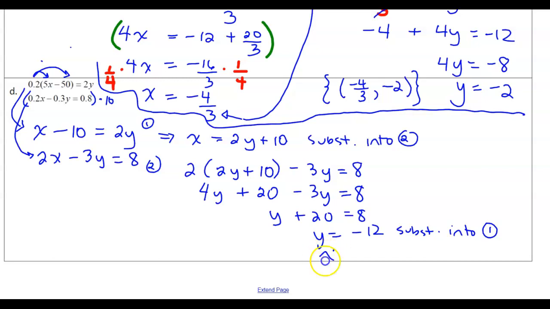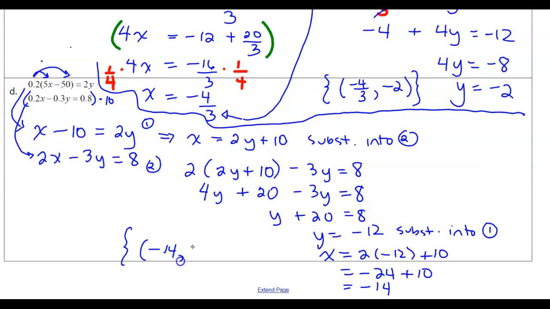I get x equals 2 times negative 12 plus 10, which is negative 24 plus 10, which is negative 14. Okay, so the ordered pair is negative 14, negative 12.